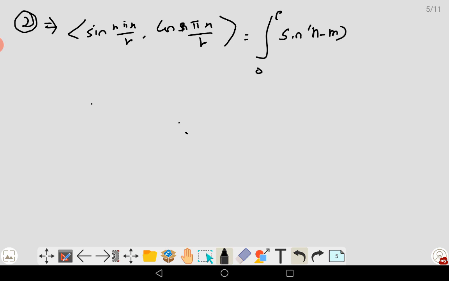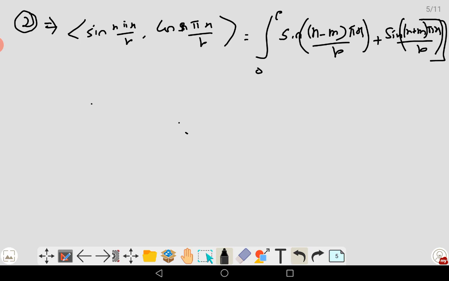First sin (n minus m) pi x over p plus sin (n plus m) pi x over p dx. Now integrate term by term.